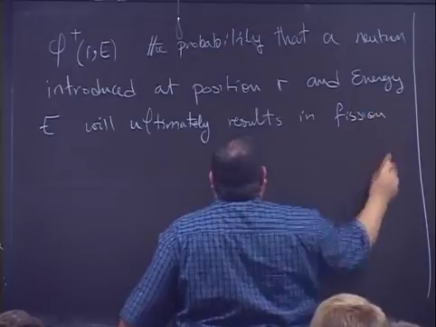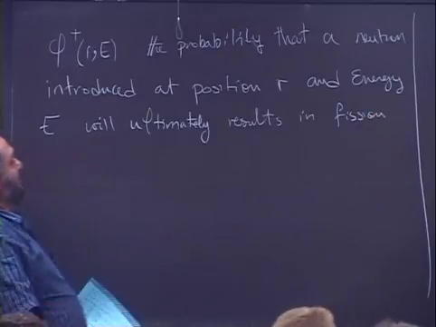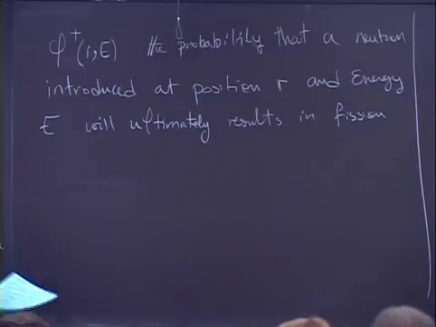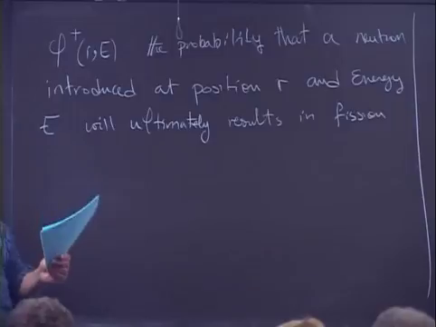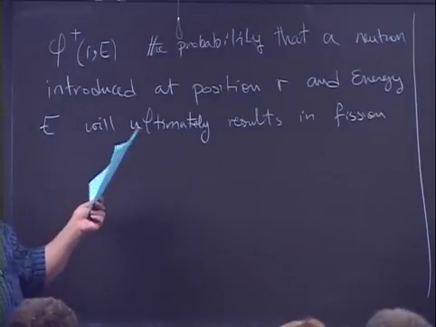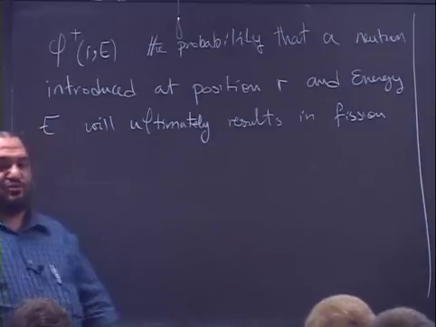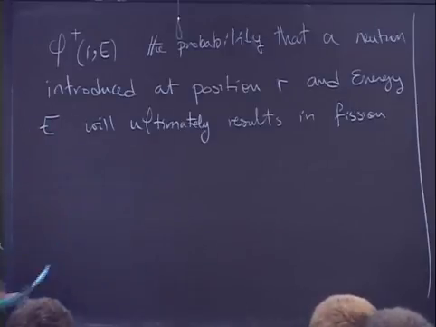So what I'm writing here is just a probability that if a neutron, I do not yet define whether it is prompt or delayed, appears in your system at position R and energy E, it will ultimately induce another fission. So this is just a probability.